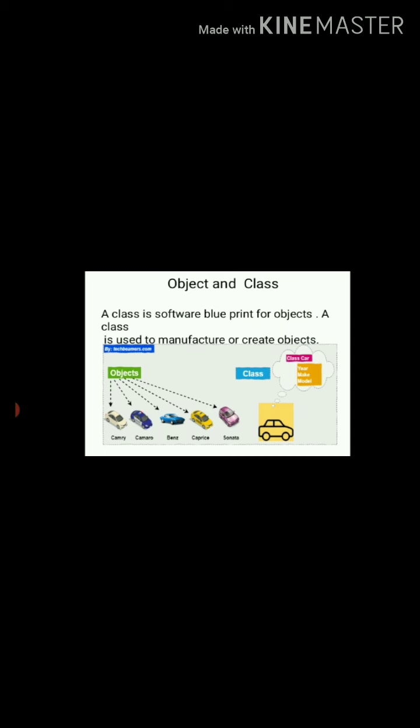There is a class known as car, and different cars like, say, 5 types of objects which belong to the particular class car. So let's see the definition.